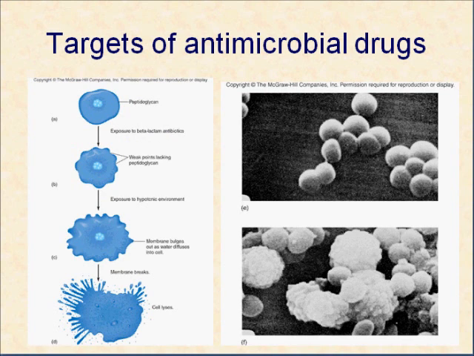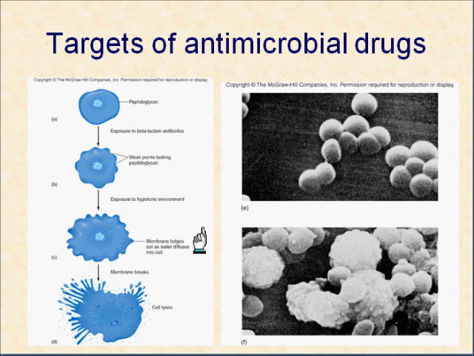If we take a look here, what you can see at the top are normal cocci, and they have this peptidoglycan layer. We have this exposed to a beta-lactam antibiotic, something like penicillin, which starts forming weak points in the peptidoglycan because there's no repair mechanism that can go on.